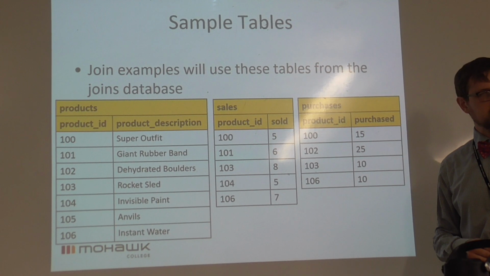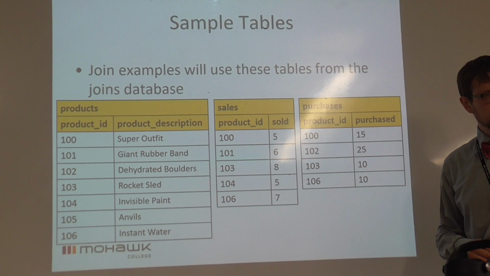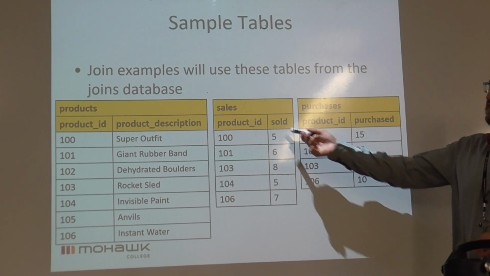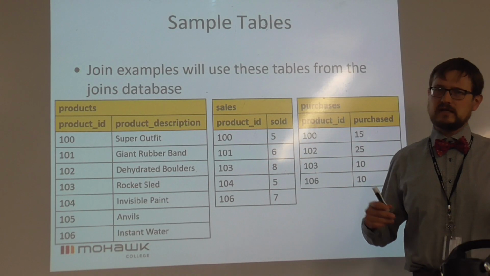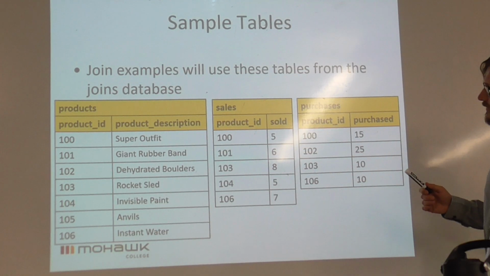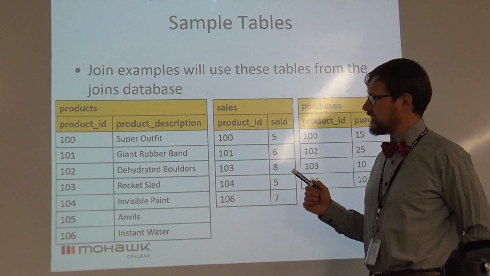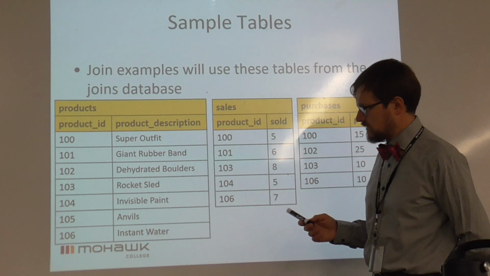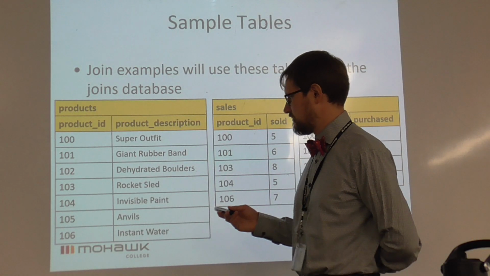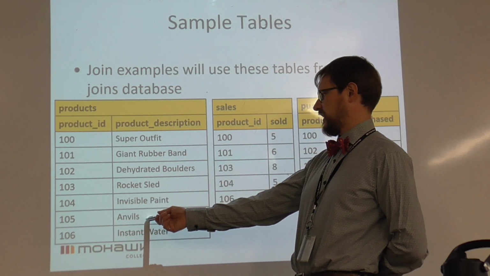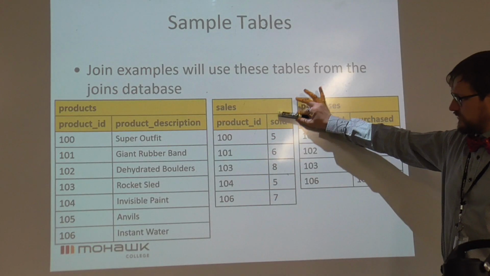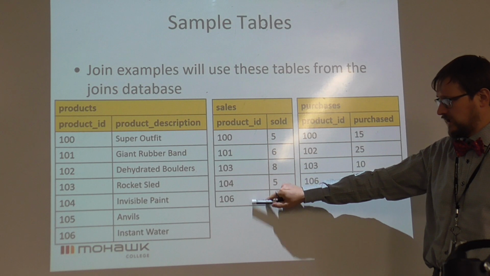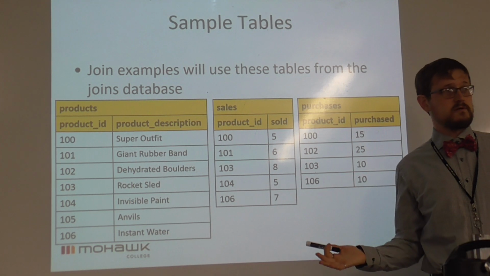Sales and purchases seems to be synonyms, so I'm not quite sure how to square that circle. Maybe this is number we've bought versus number we've sold. Let's go with that. But you'll notice that in order to analyze the data, it's like, okay, how many anvils have we sold? You have to look through the table and say, okay, how many of product ID 105 do I have? 0. We have sold 0 anvils.